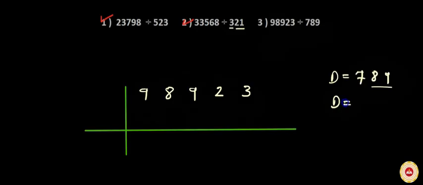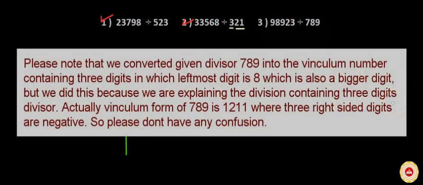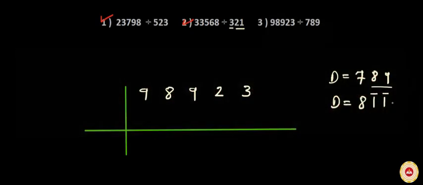So the divisor will become 8, 9 minus 8 is 1, 10 minus 9 is 1. The last two digits are negative. Now this is the new divisor. We have just converted the original given divisor into a vinculum number.